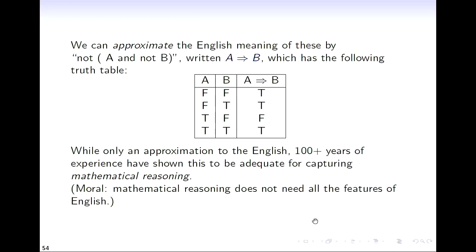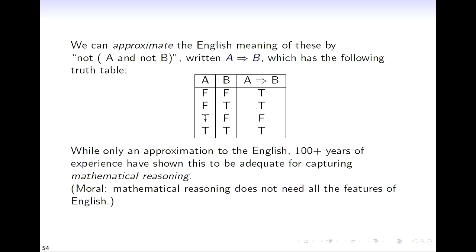So what all this means is that we can at least approximate the English meaning of all these statements on the previous slide by saying that it cannot be the case that A is true and B is false. And this is the mathematical logical interpretation of this implication. A implies B has therefore the following truth table. The only way in which this can be false is that A is true but B is false.